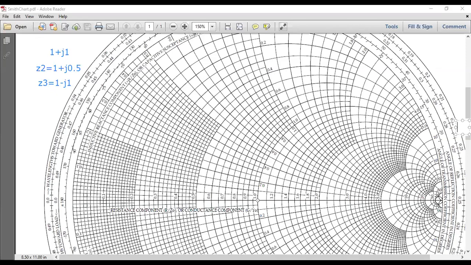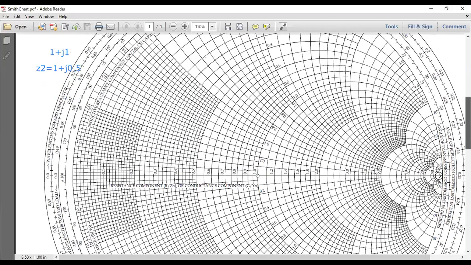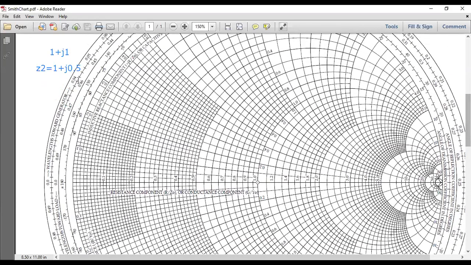Now if I'm taking this as the minus, so what you have to do? Sorry, Z3 is gone. Okay, I'll put it again. So your Z3 equals 1 minus j1.